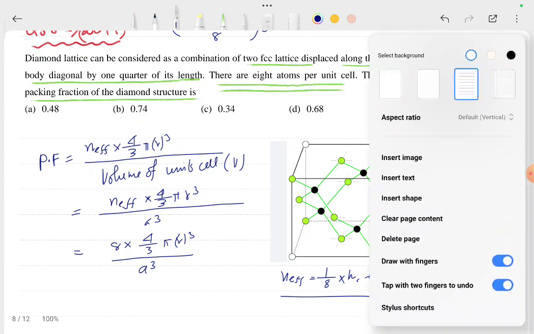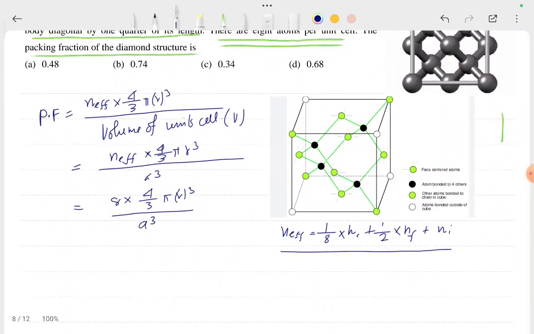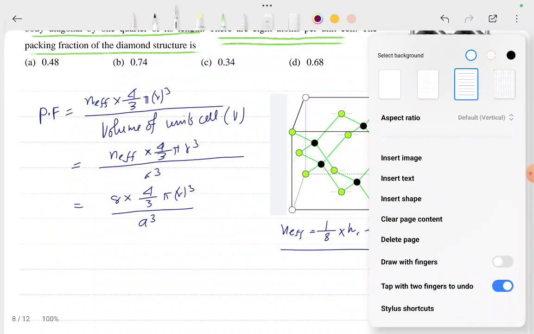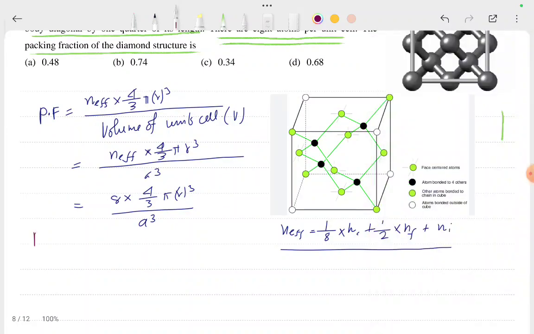That is the learning part, right? So for diamond structure, radius of atom calculations.